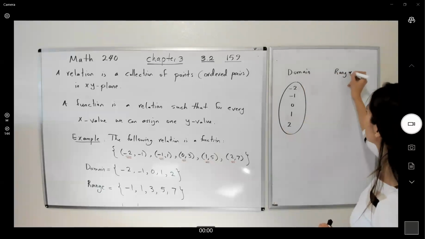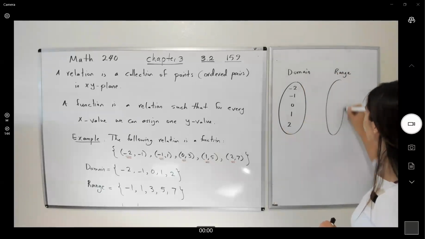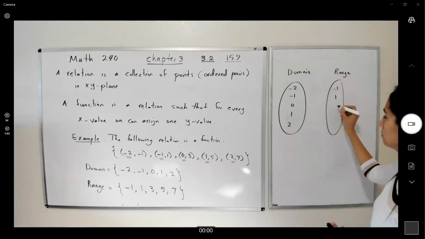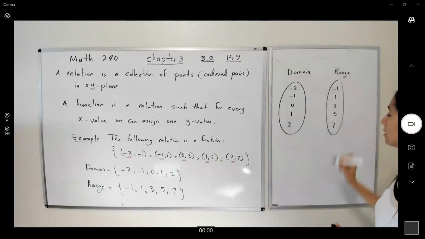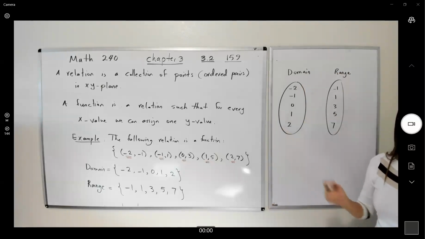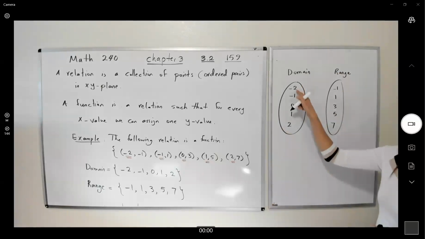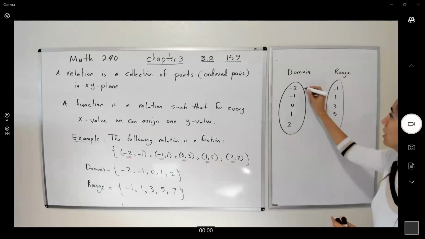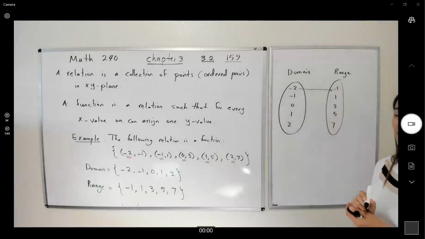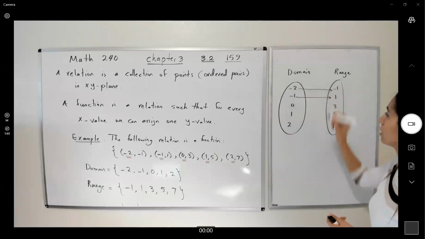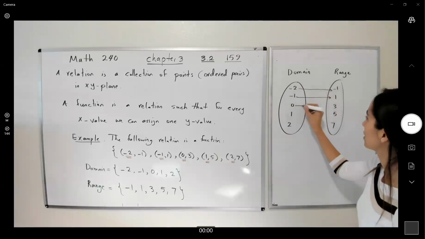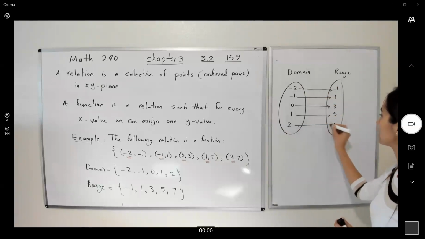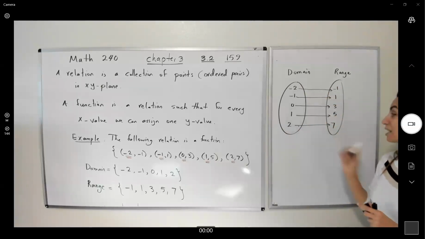And the collection of range values are going to be on the right-hand side. You have -1, 1, 3, 5, and 7. So now we're going to connect each x value to its y value. -2 and -1, so you connect them with an arrow. -1 to 1, you connect these two with an arrow. 0 is connected to 3, 1 is connected to 5, and 2 is connected to 7.